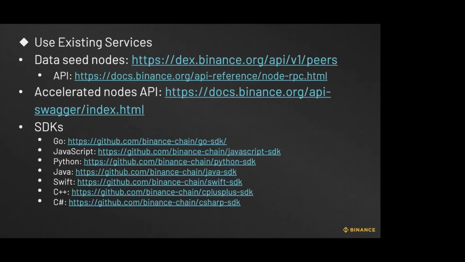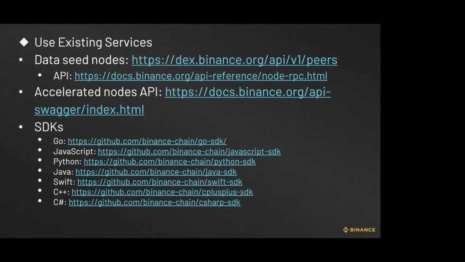And also, if you do not want to run your own node, the Binance Chain development team has provided a list of data sync nodes, which are full nodes that provide some API services. So you can read the Swagger doc to understand the RPC API, and there are also advanced services provided by accelerated nodes.